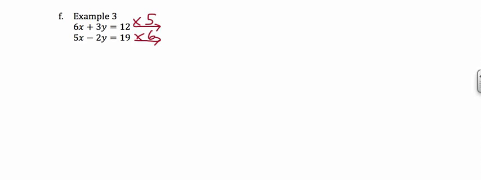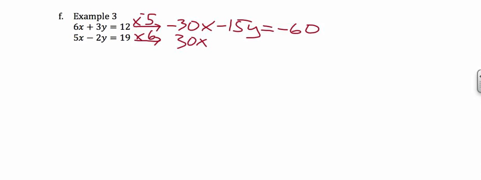So what I'm going to do instead is multiply the top one by negative 5. Okay? So that's going to make all of this stuff in here negative, because it was all positive before. And the bottom, those signs aren't going to switch.